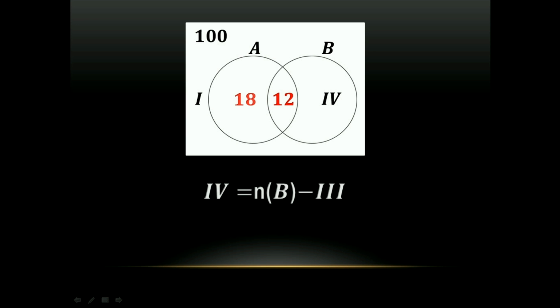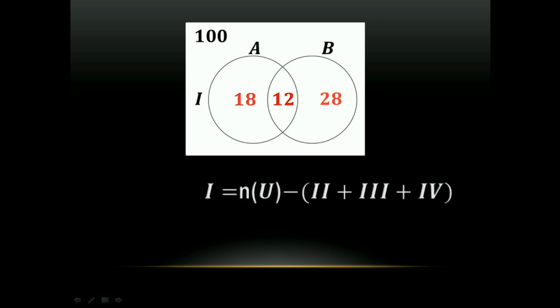For region 4, we do the same thing, which is to subtract the intersection from the total number of elements. Therefore, 40 minus 12 is equal to 28. Therefore, region 4 is 28.